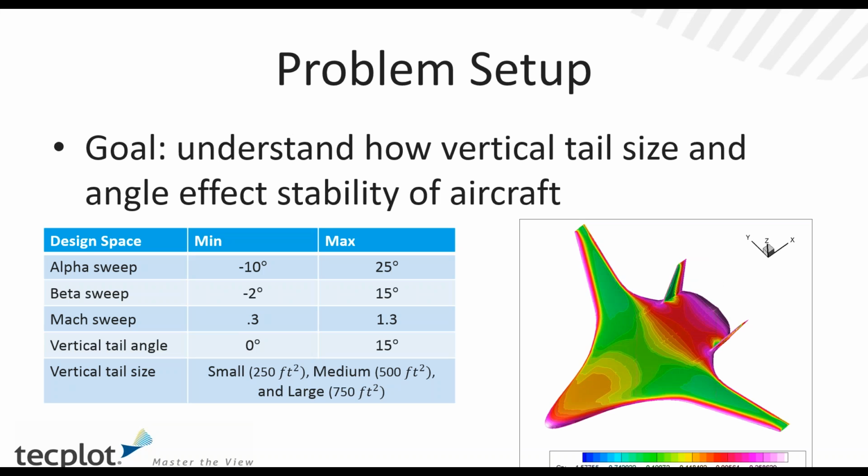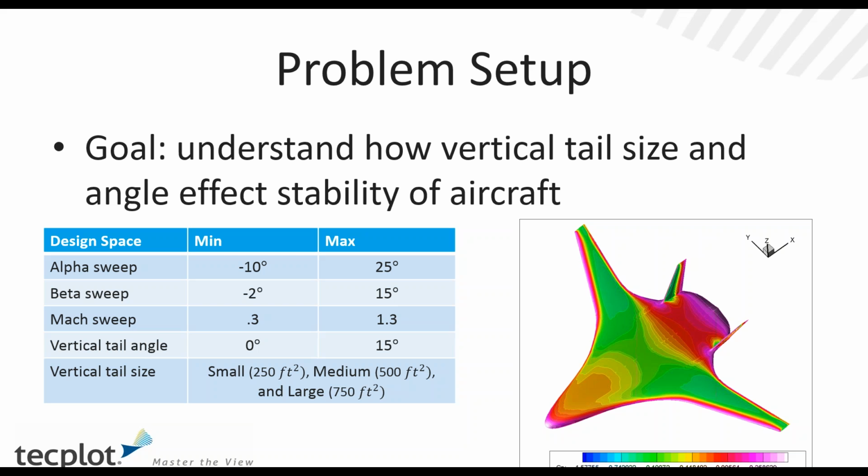So the problem setup itself is simple. We were ideally looking to understand if we vary the vertical tail size and angle, and we'll walk through those two details in a moment, and evaluate that effect on overall performance by looking at alpha sweeps. We swept from minus 10 degrees to 25 degrees.